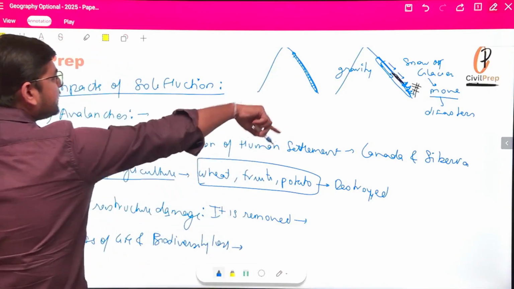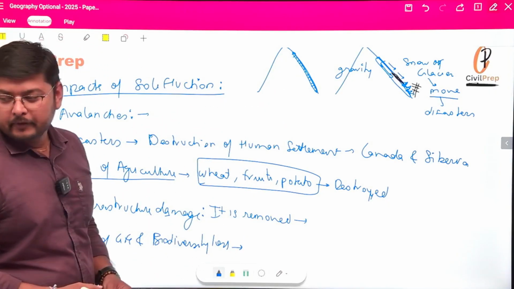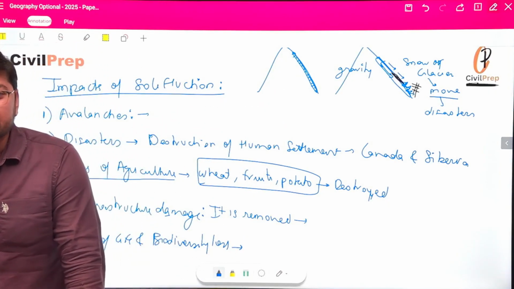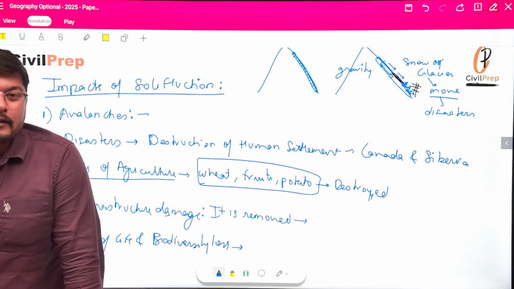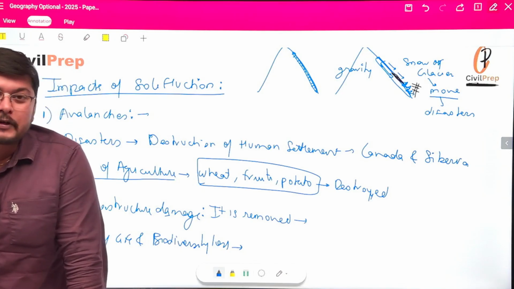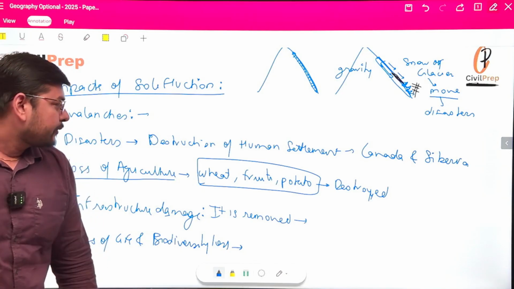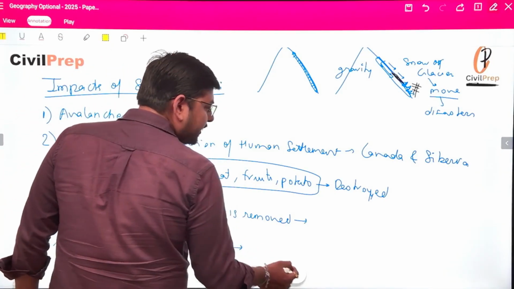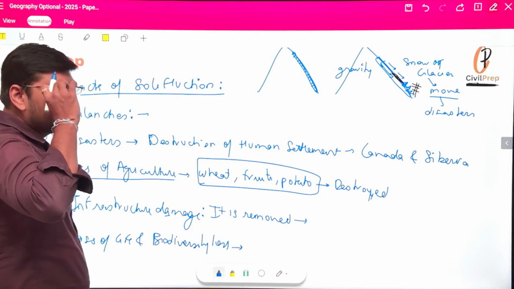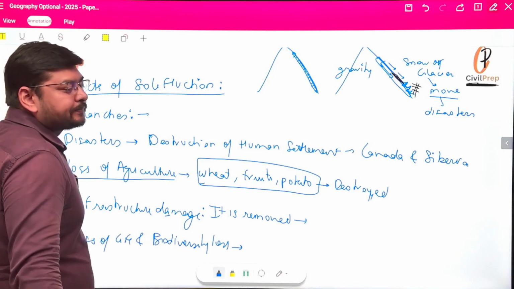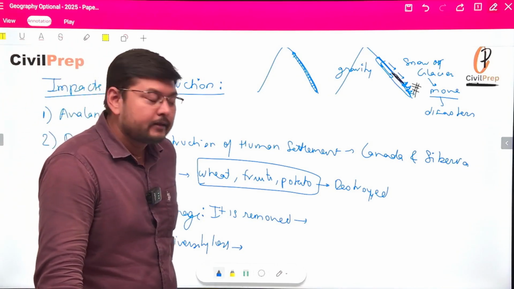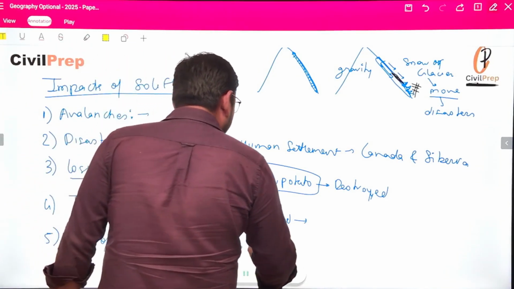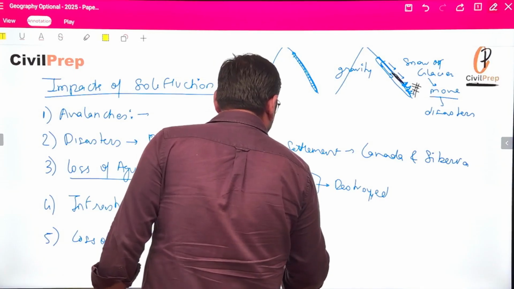For example, in this region, we'll be seeing that there are large amounts of animals present here. Humans are also living. So under this avalanche, or we can say the solifluction condition, it results into various kinds of loss of biodiversity and life. For example, in the region of Siberia, wolves are living. Okay.